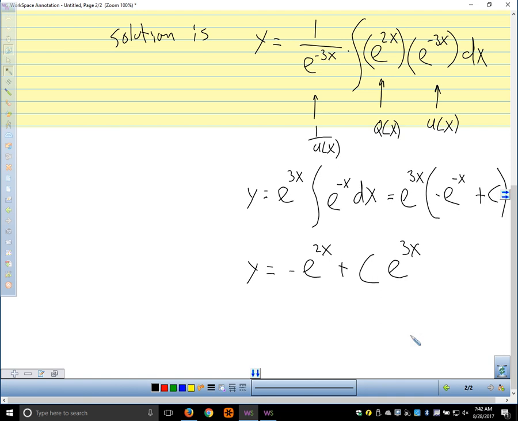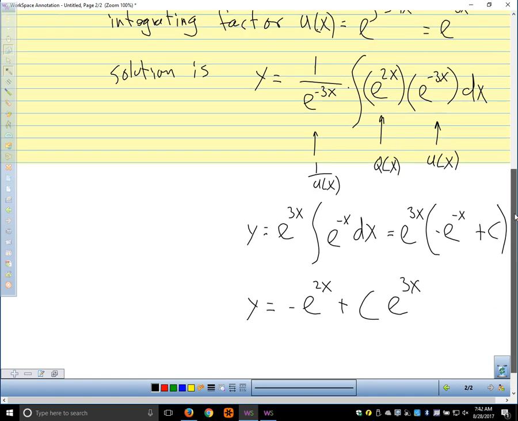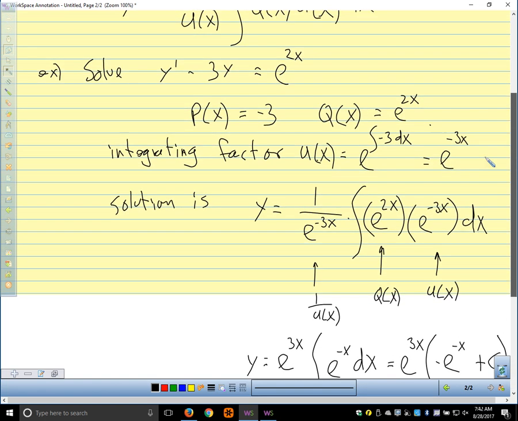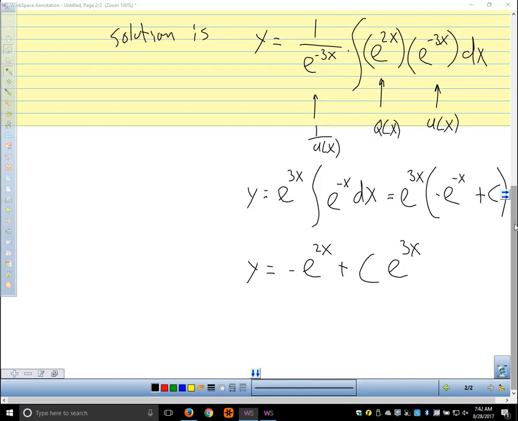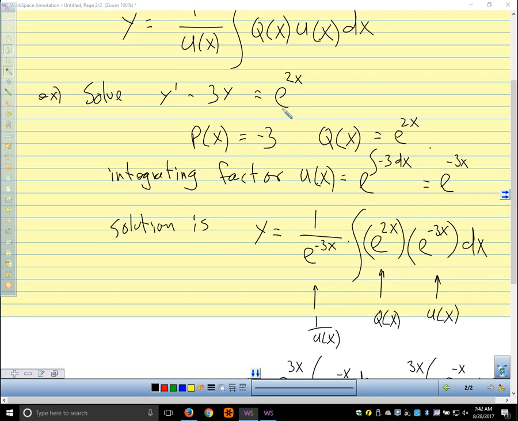And if you plug this back into this equation, take the derivative of this function and subtract 3 times this function, it would equal e to the 2x. That's what that differential equation tells us.